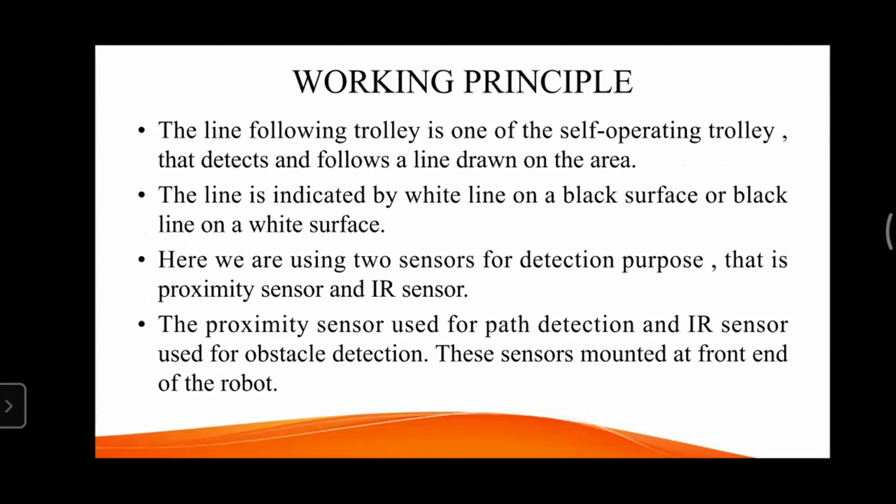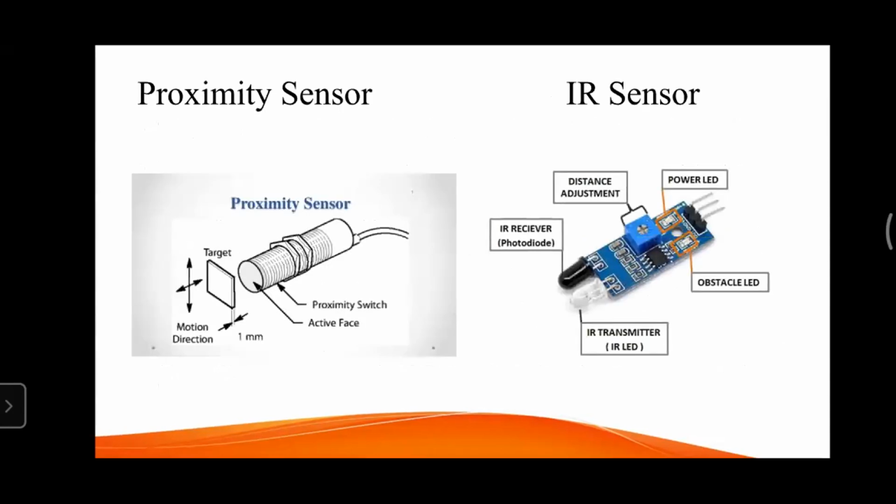The line is indicated by a white line on a black surface or a black line on a white surface, which is very common. The proximity sensor follows the line which we have placed, and the IR sensor detects the obstacles which come in the line of the path.